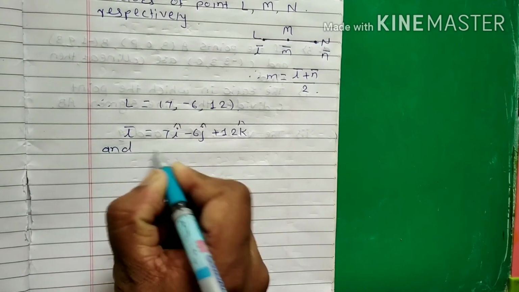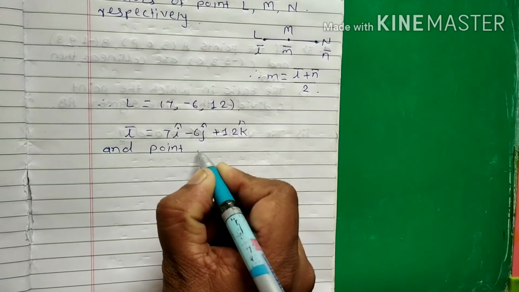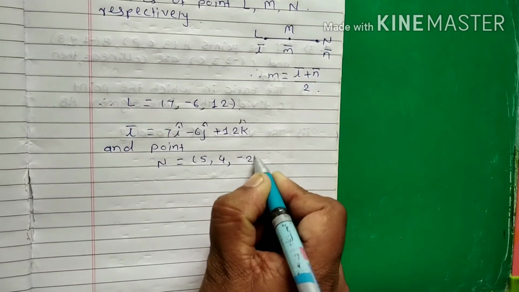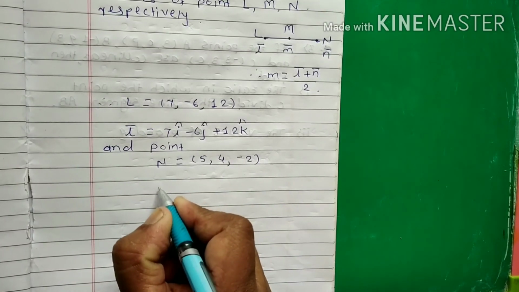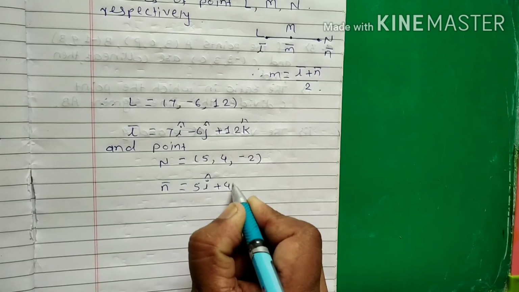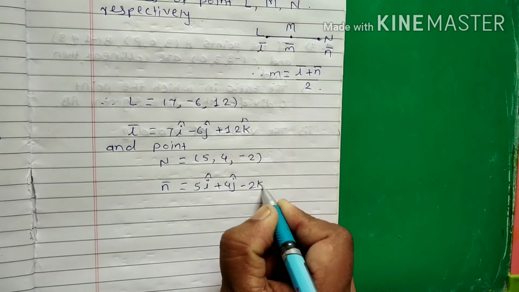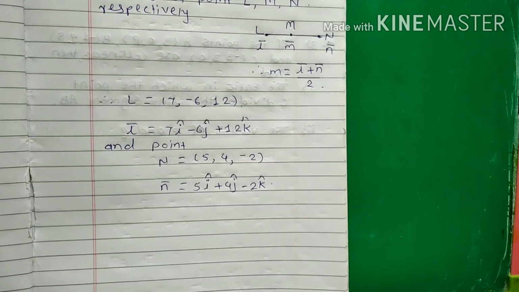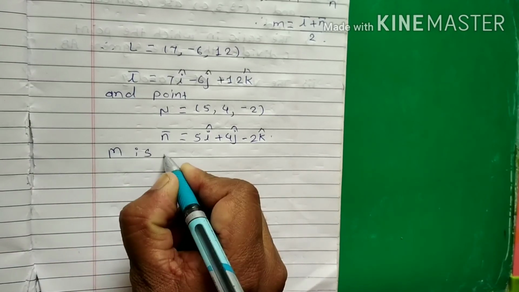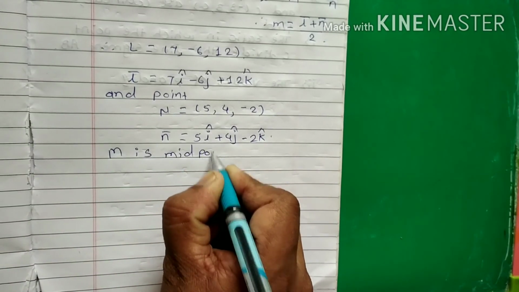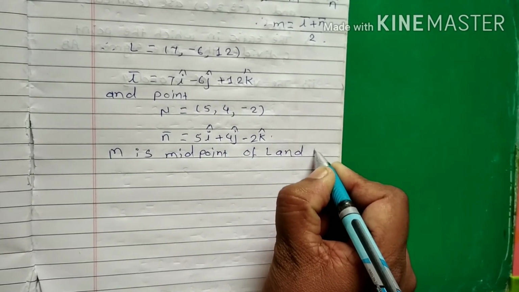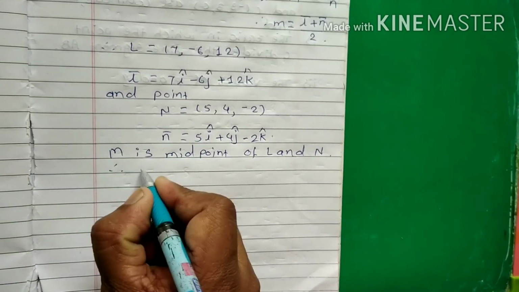And point N is equal to (5, 4, -2), then its n bar is equal to 5 i cap plus 4 j cap minus 2 k cap. And M is the given midpoint of L and N. Therefore, we use the midpoint formula.